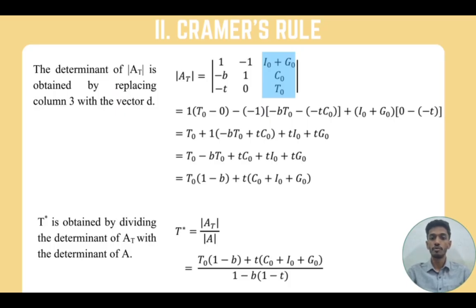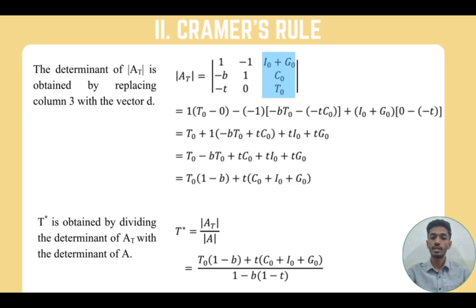Last but not least, we have to find the determinant for A_T, which can be obtained by replacing column 3 with the vector D. And now that we replaced column 3 with vector D, we will have the matrix as shown on the right hand side. Once we calculate the determinant for A_T, we obtain the value of T naught times 1 minus B plus T times C naught plus I naught plus G naught.